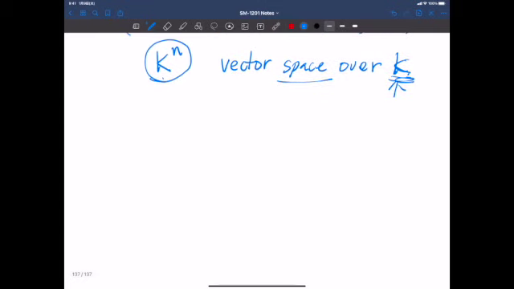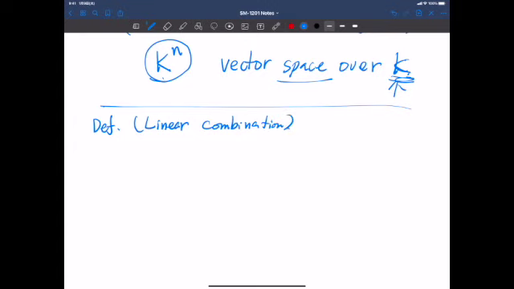Okay, then let's define an important notion called linear combination. So let's say V1, V2, V3, and so on, Vn are vectors, either row vectors or column vectors, but not a mixture of these.